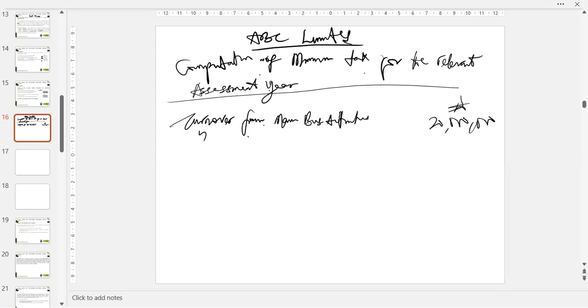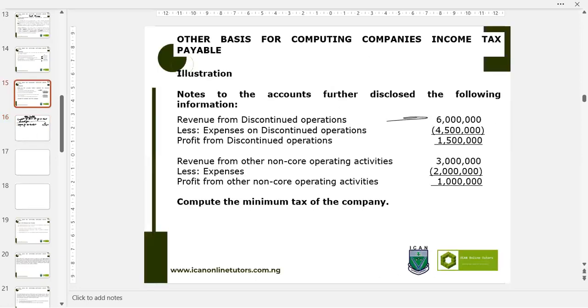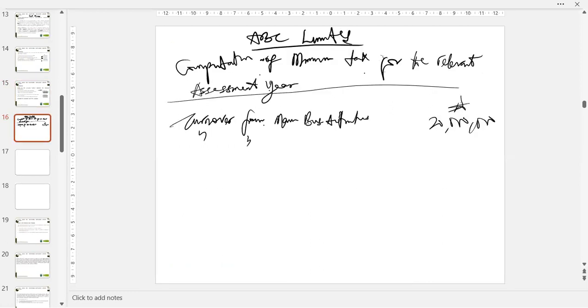Then we have turnover from discontinued operations, that's revenue. Okay. Revenue from discontinued operation, that's 6 million naira.